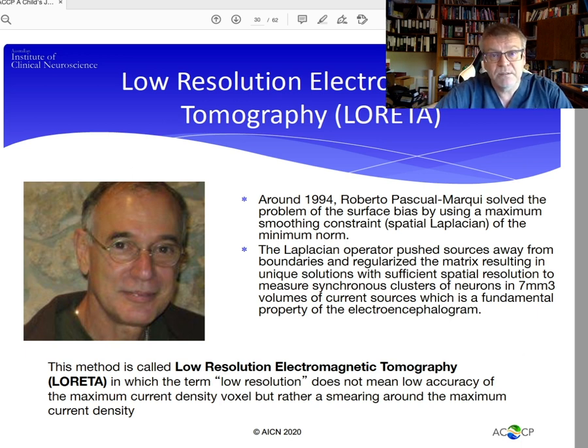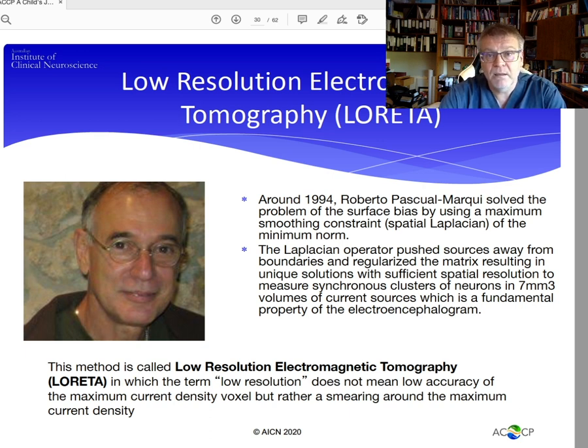Basically that's what Roberto has done. He's calculated the formulation that will tell us that if this particular field is detected on the surface of the skull, then these areas can be generating deep inside the brain the signals that are producing that pattern on the scalp.